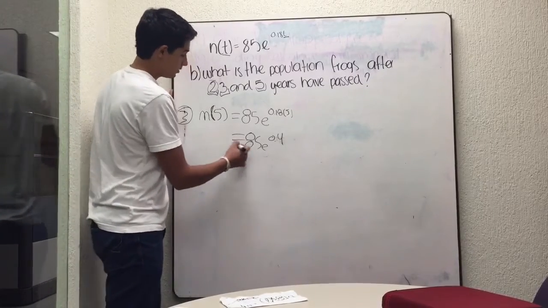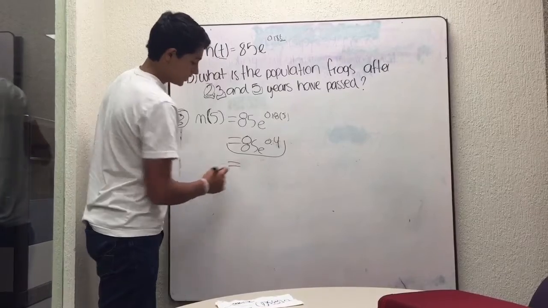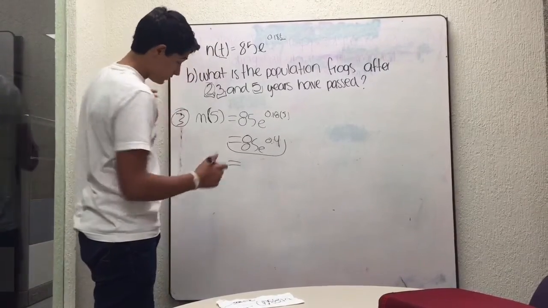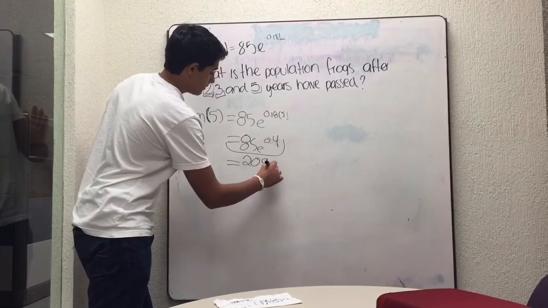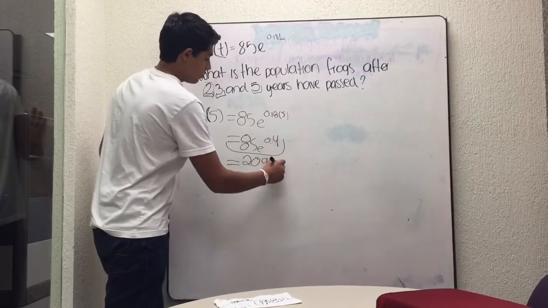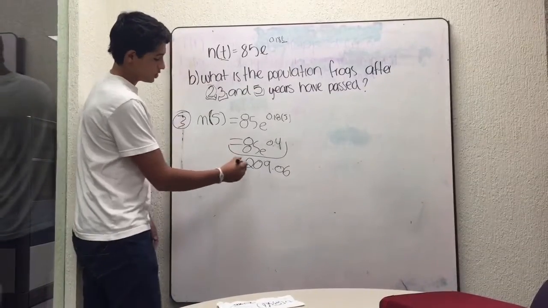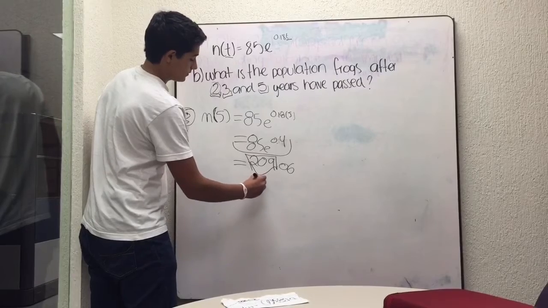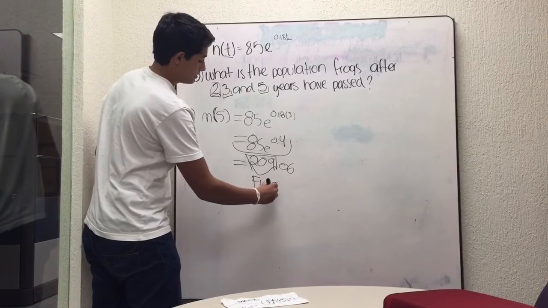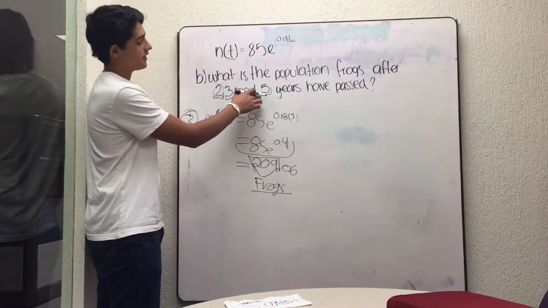After that, we do this operation, which gave us a total of 2009.06. We round it to just 2009 frogs. This is for 5 years later.